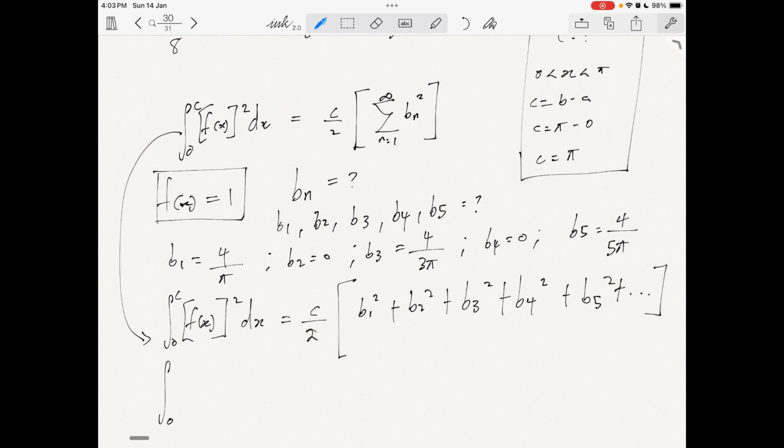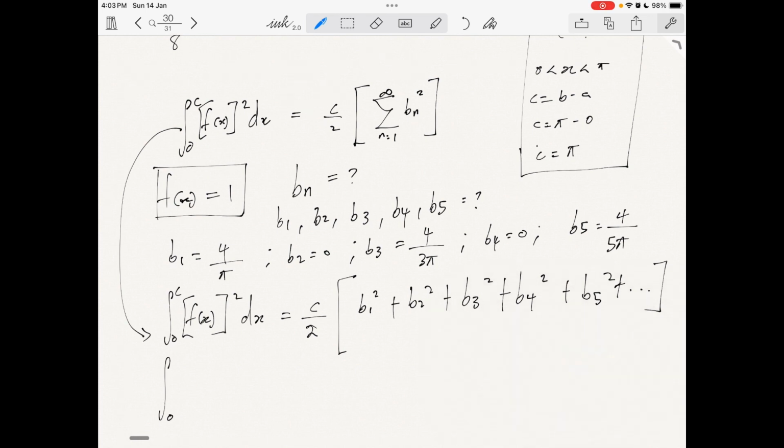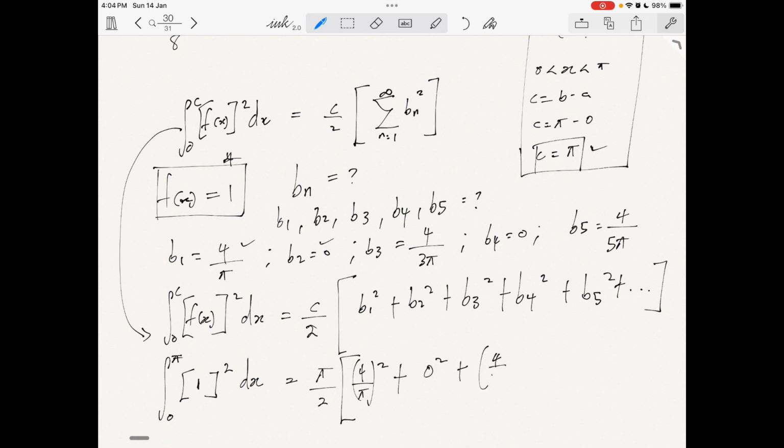The integral from 0 to c, and our c is pi. Our f of x is 1, as we have here, squared dx is equal to our c, which is pi over 2, times our b1, which is 4 over pi squared, plus b2, 0 squared, plus b3, 4 over 3 pi squared, plus b4, 0 squared, plus b5, 4 over 5 pi squared.